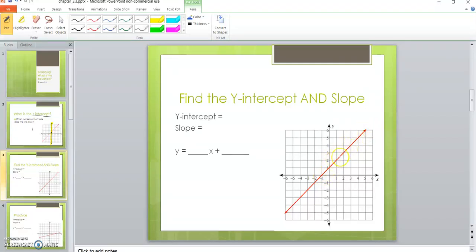It crosses it right here at 1. So our y-intercept is 1. Now the next thing I'm going to do is find the slope. You may remember from last section, how I find the slope is I have to put 2 dots on the line. So here's a dot, and I'm going to make this one a dot.